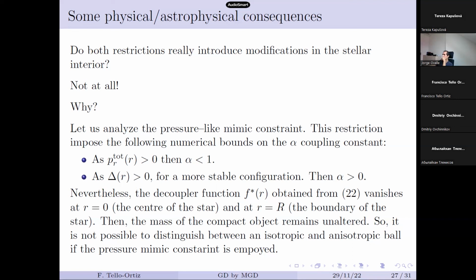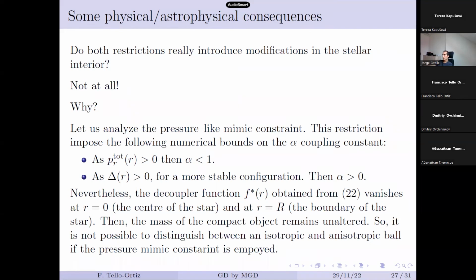Then the conclusion in using the pressure-like mimic constraint is that you cannot distinguish between an anisotropic and its isotropic counterpart if you are using this mimic constraint. Okay, I'm talking from the theoretical point of view. All these stars are from the theoretical point of view.